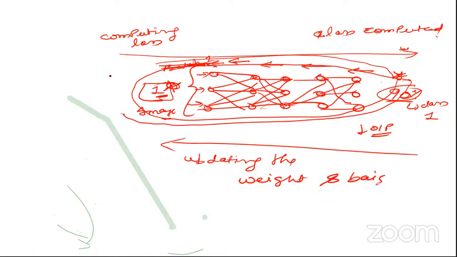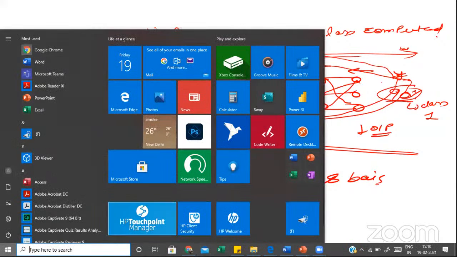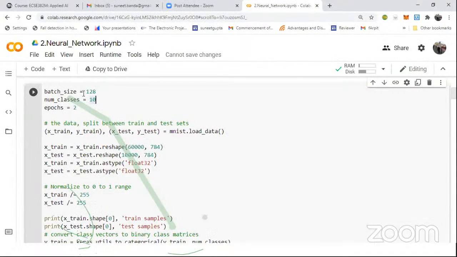This is one epoch: one forward movement and one backward movement. Both make a single epoch. So if there are 2 epochs, you have to update the weight and bias 2 times. This is the meaning of epoch.